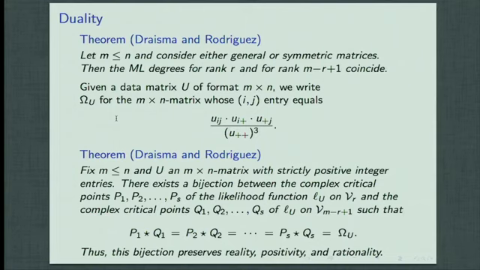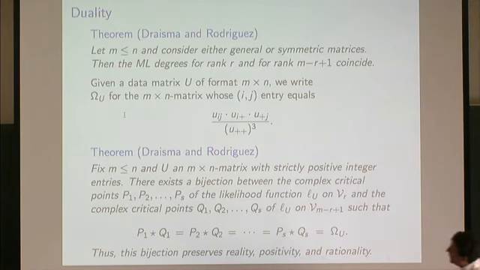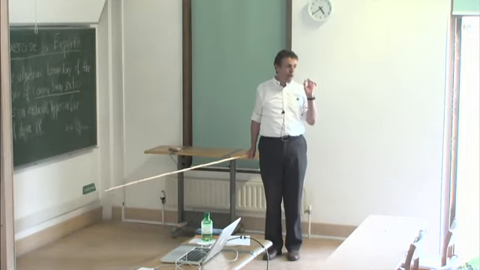The second statement is a more refined statement that gives a more precise explanation. Suppose I have my data matrix U, my soccer hair matrix. I'm going to form a new matrix of the same size, omega U, the dualizing matrix, whose entries are rational numbers.